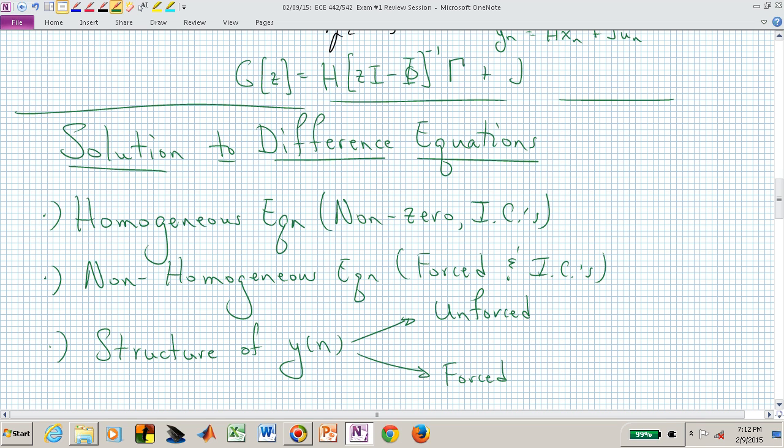And the structure of y of n, what does that look like? Maybe you don't have to find the coefficients, alpha 1, alpha 2, but depending on what your modes are or where your poles are and the structure of your particular solution, that now gives you the structure of little y of n, and we'll try to cover that a little bit later.